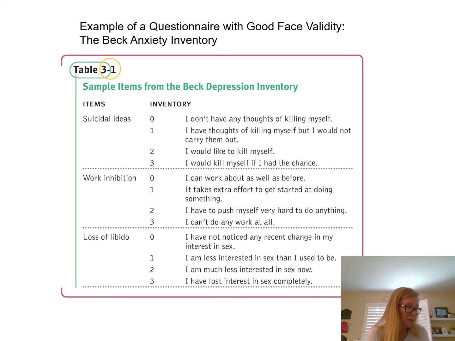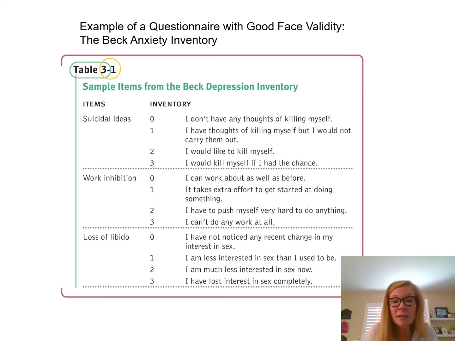Face validity is considered the weakest form of validity because it's not really necessary as long as the measure is reliable and valid in other ways. You'll understand what I mean when I explain this. Okay, so here are some sample items from the Beck Depression Inventory. The Beck Depression Inventory is a common measure of depression. It says that it measures depression, and it looks like it measures depression.